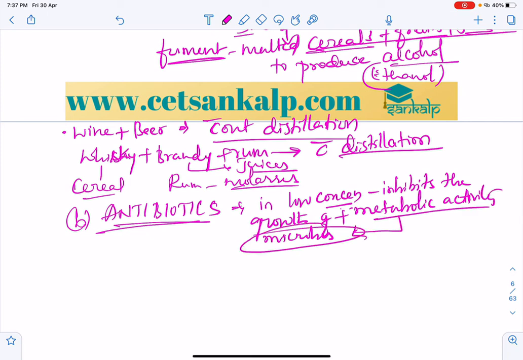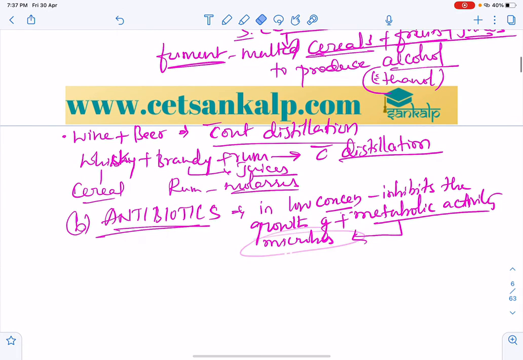They mainly affect the activity of pathogens, that is, microbes which act as pathogens.